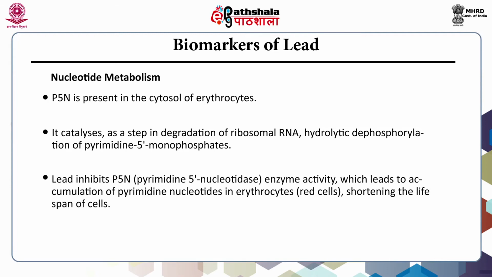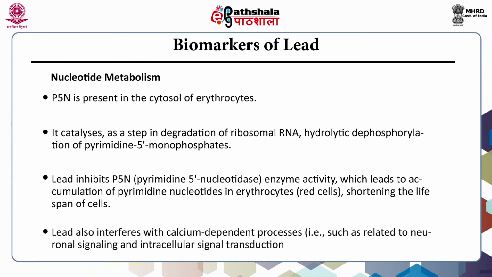Lead inhibits P5N, that is pyrimidine 5' nucleotidase enzyme activity, which leads to accumulation of pyrimidine nucleotides in erythrocytes, that is red cells, shortening the lifespan of the cell. Lead also interferes with calcium-dependent processes, such as those related to neuronal signaling and intracellular signal transduction.